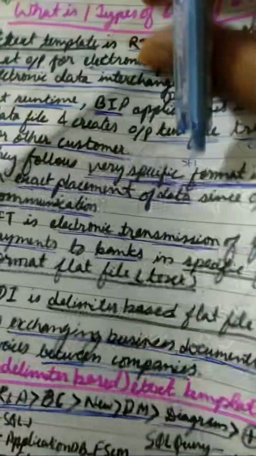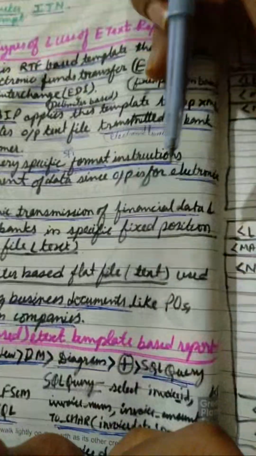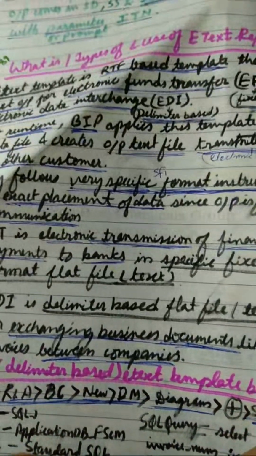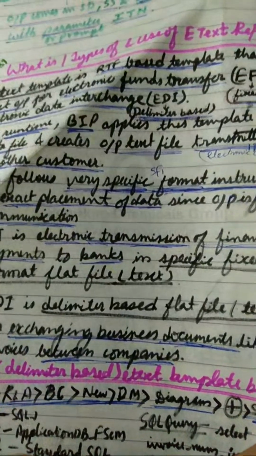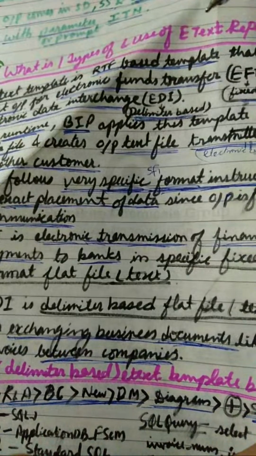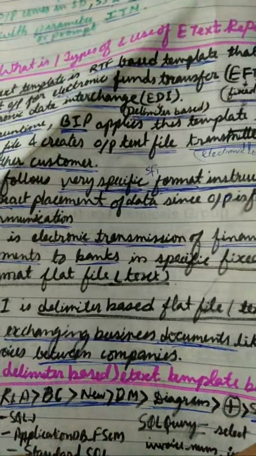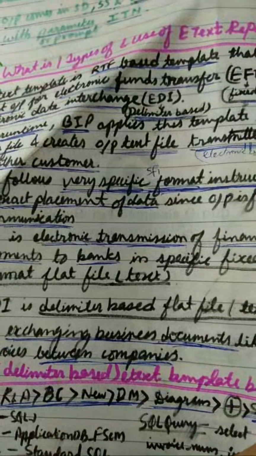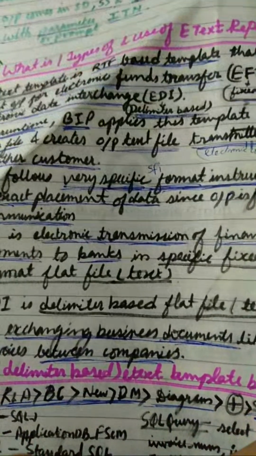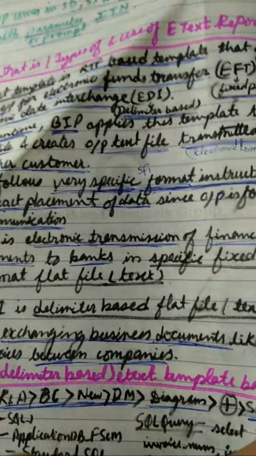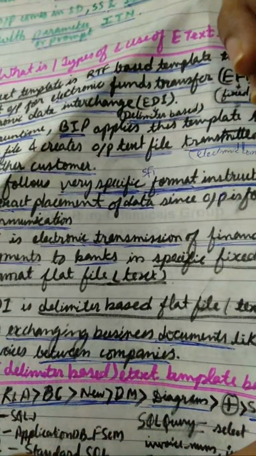First thing here is, since it is for electronic communication, either you are generating a PO or invoice and sending it via mail, or exchanging between two branches or departments of a company, then it will be taken into the system through the reports only.